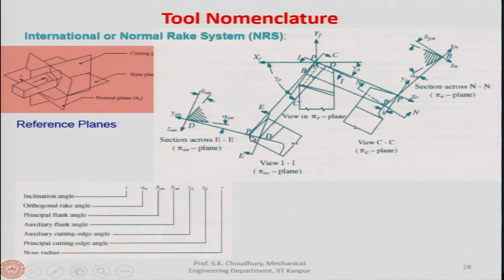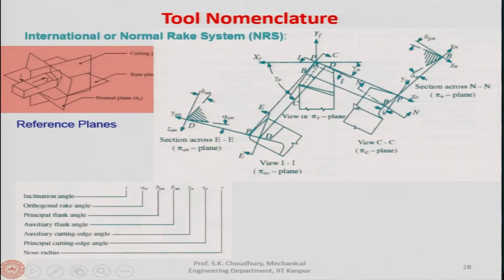So, what we are having is the cutting edge. You understand that the rake face will contain the cutting edge, right. The cutting edge will be at the end of the rake face, is it not. So, therefore, this is the cutting edge and this is the cutting edge here, as you see from the tool, from here or from here, perpendicular to this.